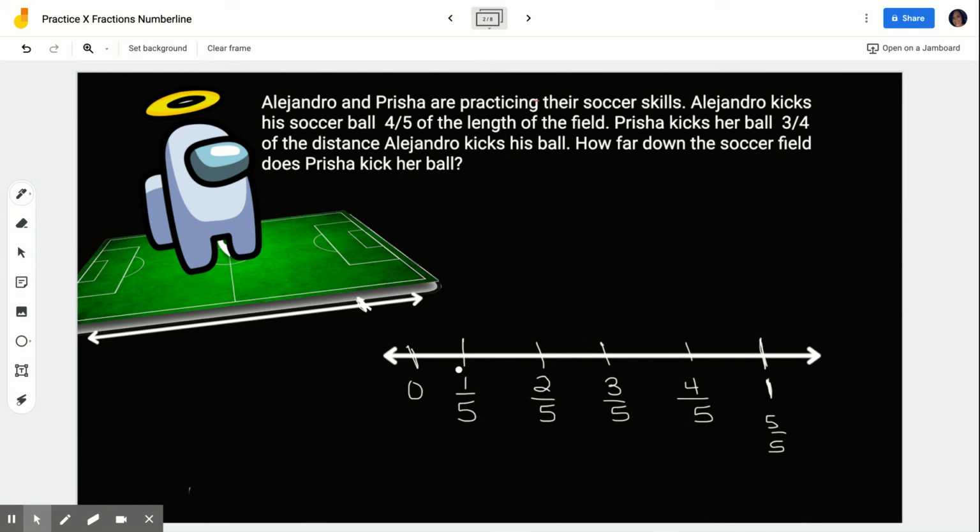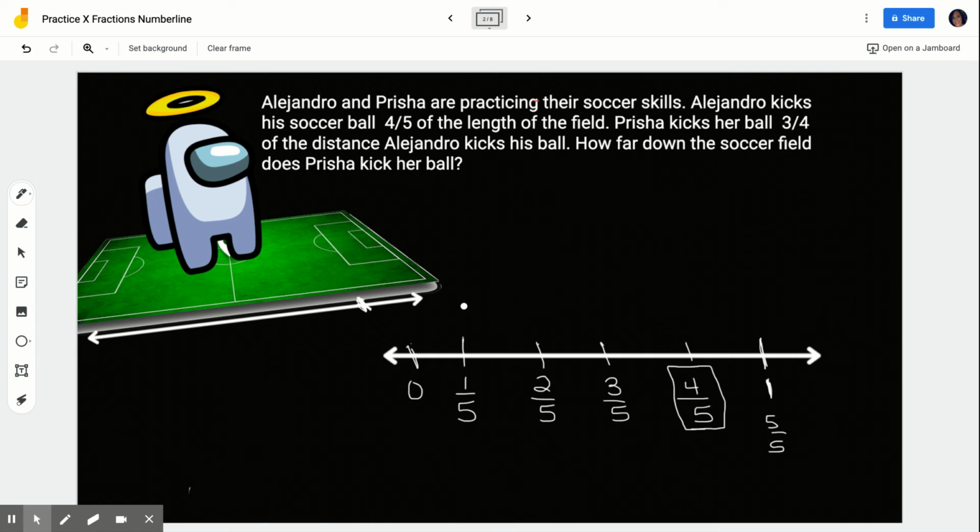So Alejandro kicked his ball that much of the field. Now it says Prisha kicked her ball 3/4 of the distance that Alejandro kicked his. So I'm going to count these jumps. We have 1 jump, 2 jumps, 3 jumps out of 4. So this would be the 4th. So this would be 3 out of 4.